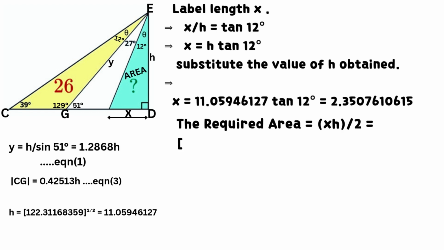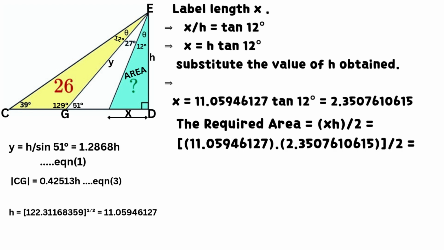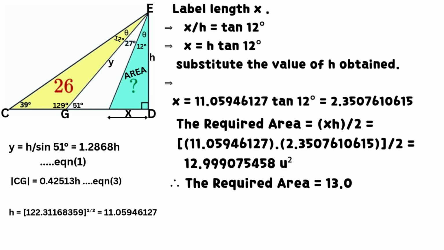The required area equals half the product of x and h, which equals half the product of 11.05946127 and 2.35076100615, which equals 12.999075458 square units. Therefore, the required area equals 13.0 square units, to 2 decimal places.